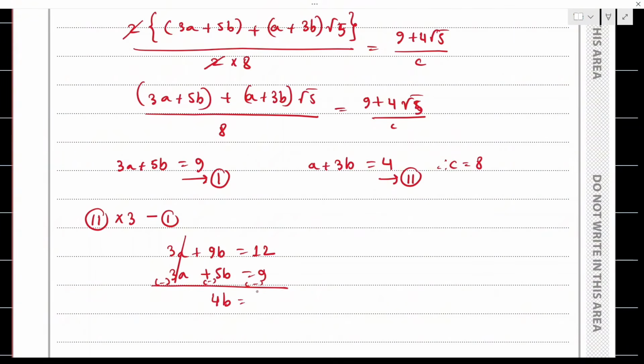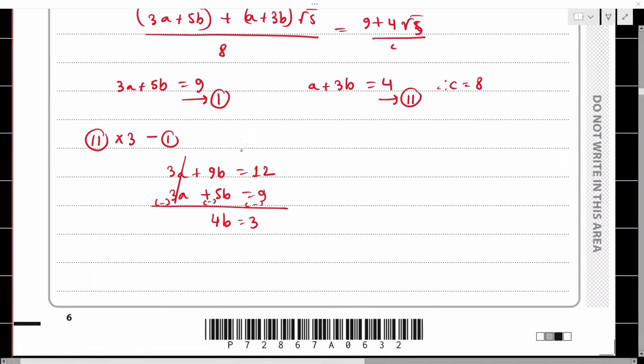So 12 minus 9 would be 3. So we get b is equal to 3 by 4.